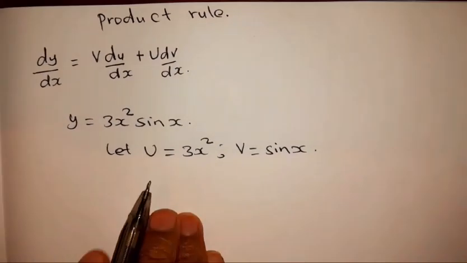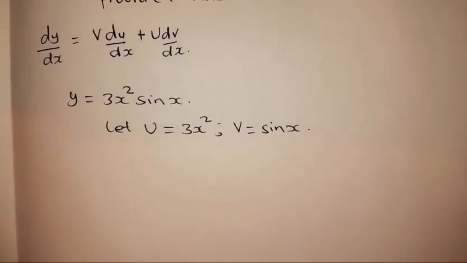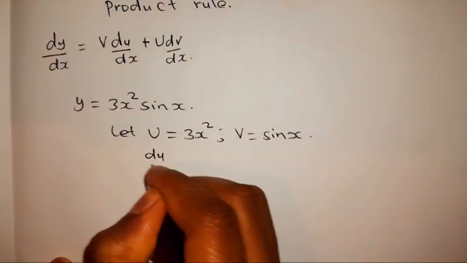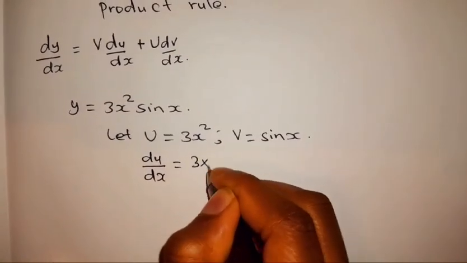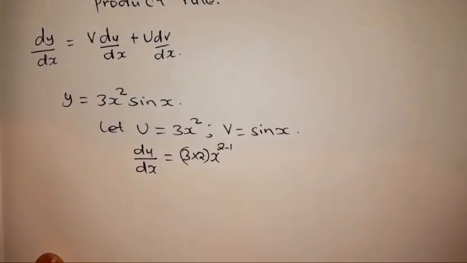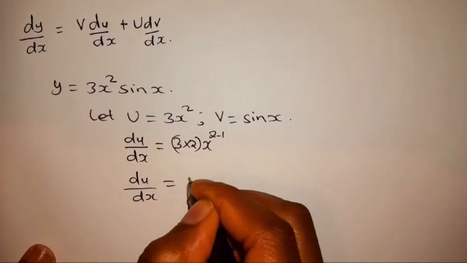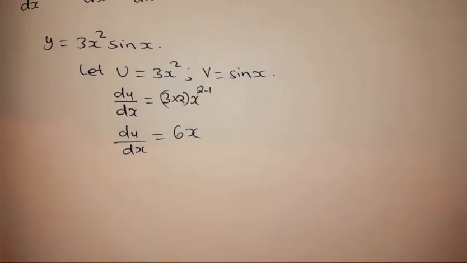Therefore, you shall go ahead and find the derivative of each separate term. For the first one, du/dx will be 3 multiplied by 2x raised to power 2 minus 1. Thereby you'll get du/dx as 6x, since 2 minus 1 is 1.